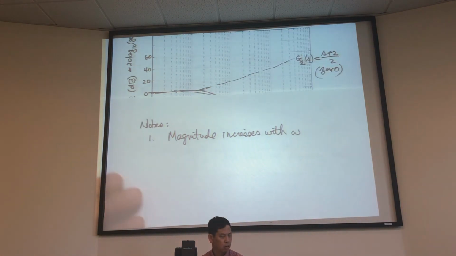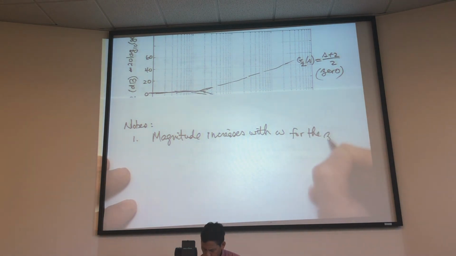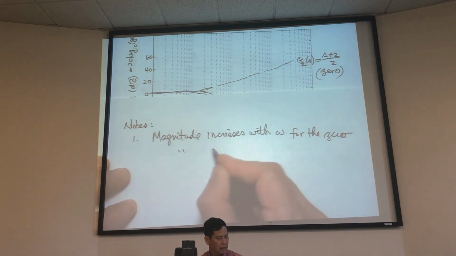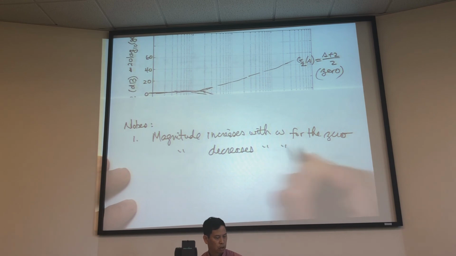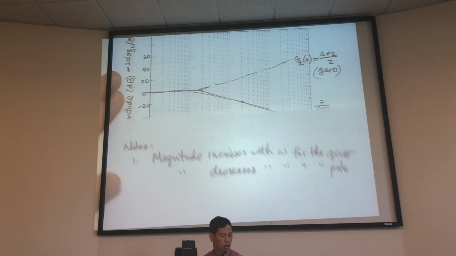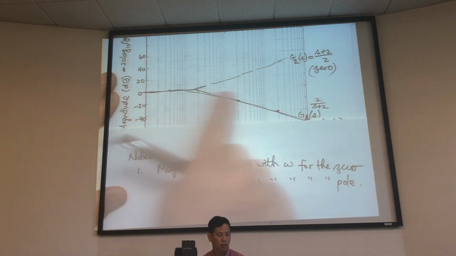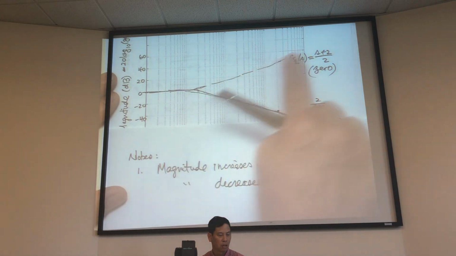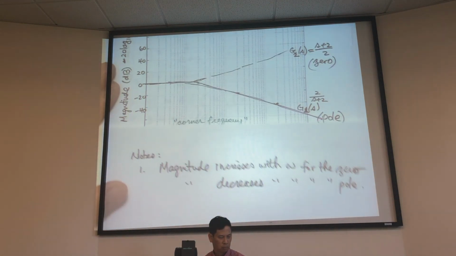It increases with omega for the 0. The magnitude decreases with frequency for the pole. So that's the first observation: as frequency increases, the magnitude of the zero increases, but the magnitude of the pole decreases.